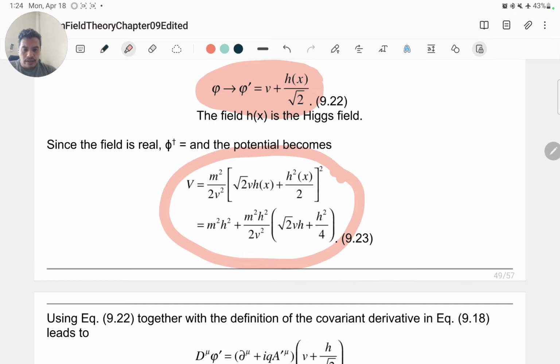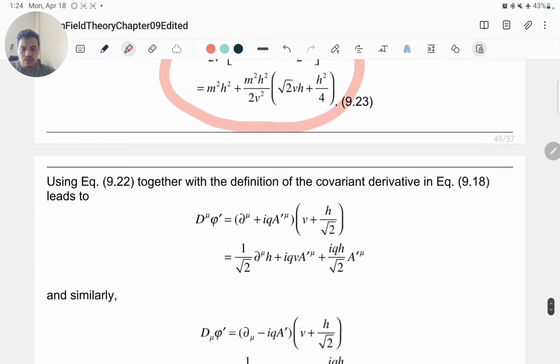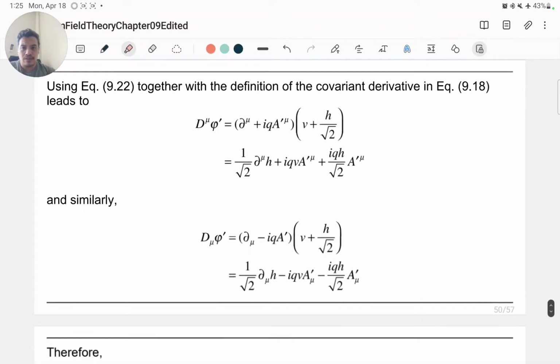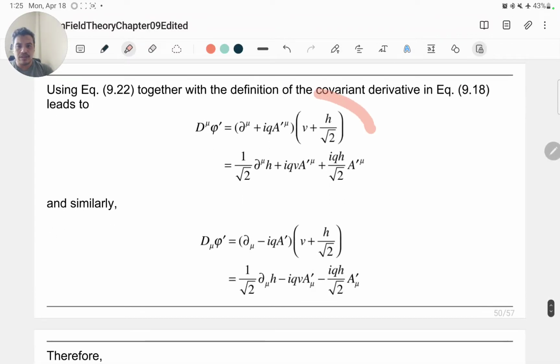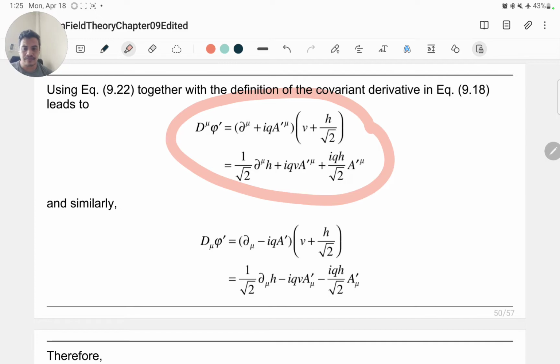Now our covariant derivative will lead to this form and this one here. And of course, if you lower the index, then you would have a negative part here.